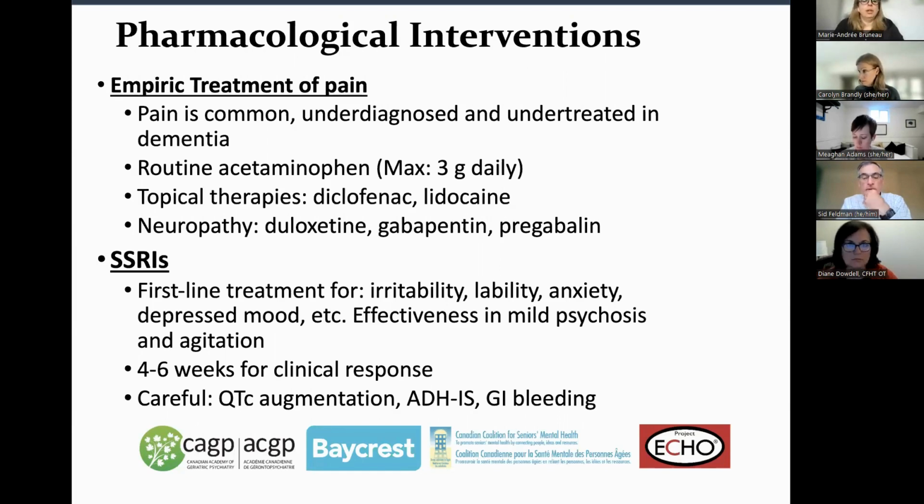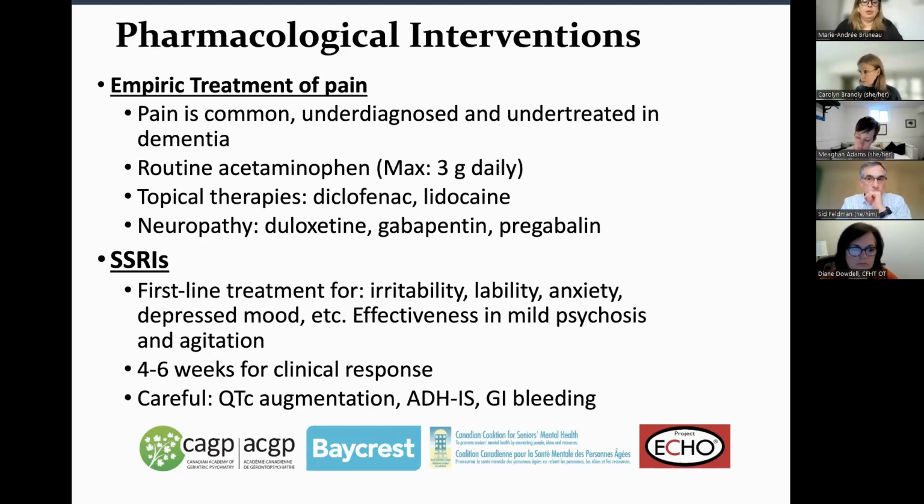So if a patient is having some mild psychotic symptoms with some anxiety associated with it, it could be a good first-line treatment and may avoid the need for antipsychotic medication.